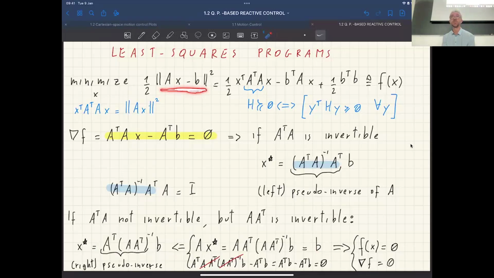Because if Ax is equal to B, then Ax minus B is equal to 0, and that's clearly the minimum of that expression.